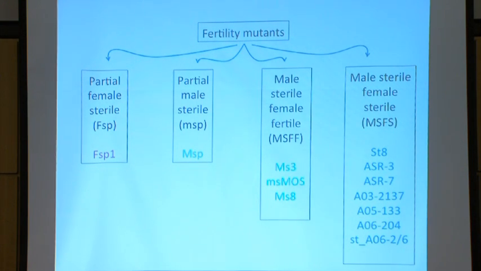And then there are complete steriles. In this, there are male steriles, but female is okay, female is fertile. In this, they are male sterile and female sterile. So these are the mutants which we identified and named. These in color here are different types of mutants we have identified in each of the groups.